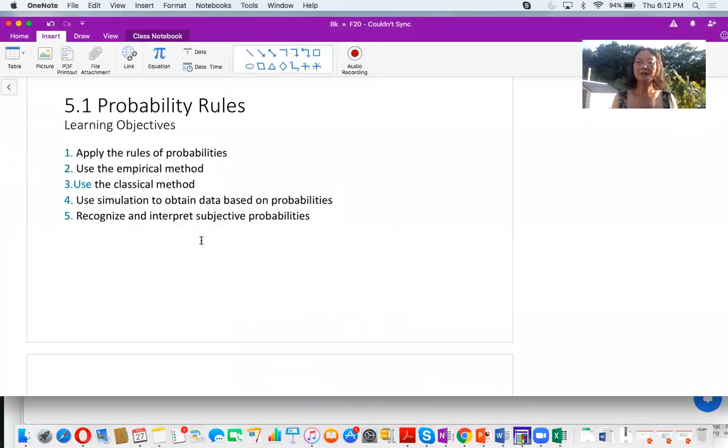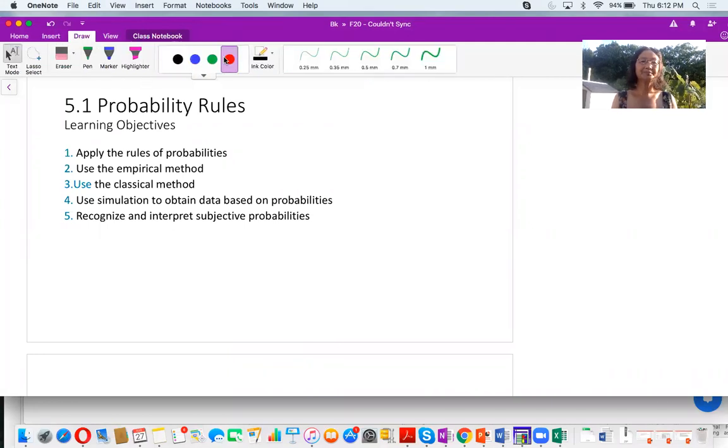At the end of this video, you will be able to apply the rules of probability, use the empirical method to calculate probability, use the classical method to calculate and interpret probability, and also use Excel to simulate data based on probability.